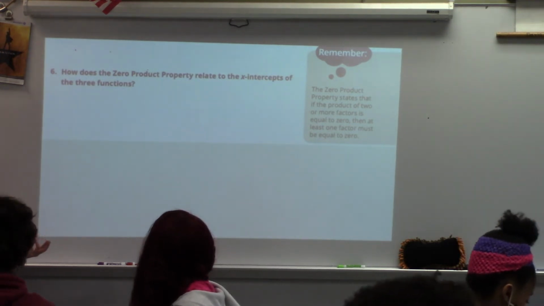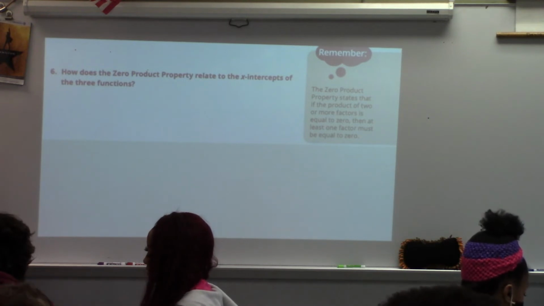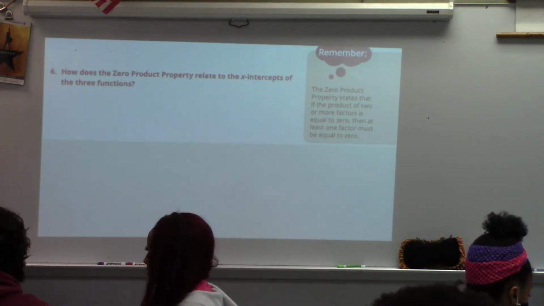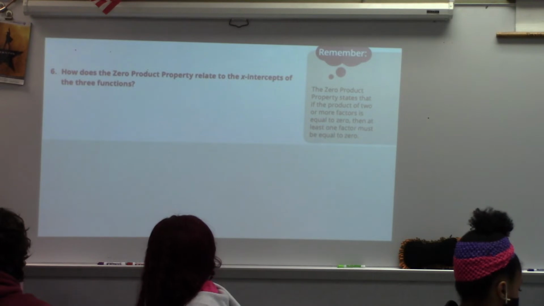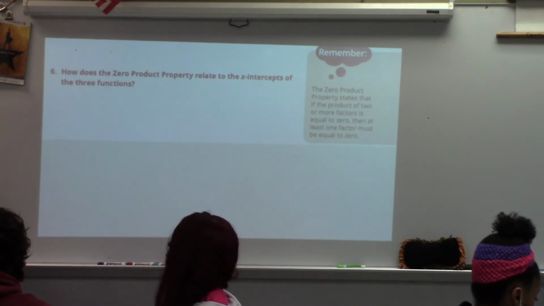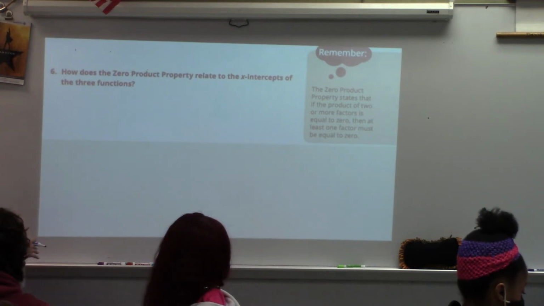So what does the x-intercept tell us? What does the x-intercept have to do with a zero? That's where it's located. Well, what's a zero? Well, it's not where the x is zero, it's where the y is zero.